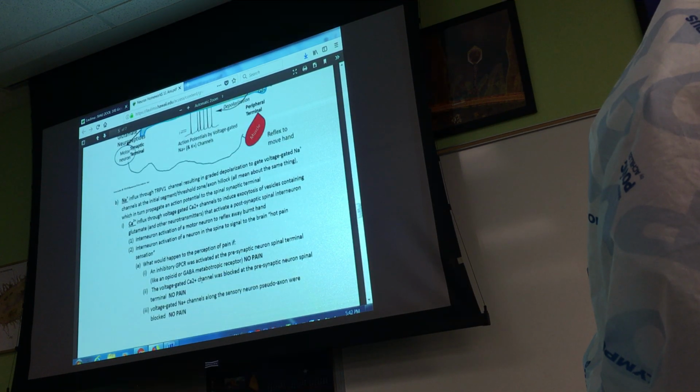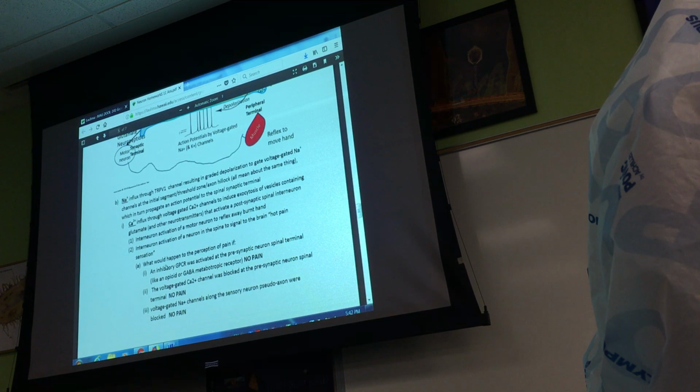So let's say, what would happen to the perception if an inhibitory GPCR was activated at the presynaptic neuron terminal? I find it easiest for these questions to go look at the cheat picture, and I expect you guys to do the same, because this picture tells you a lot about what goes on in synapses.